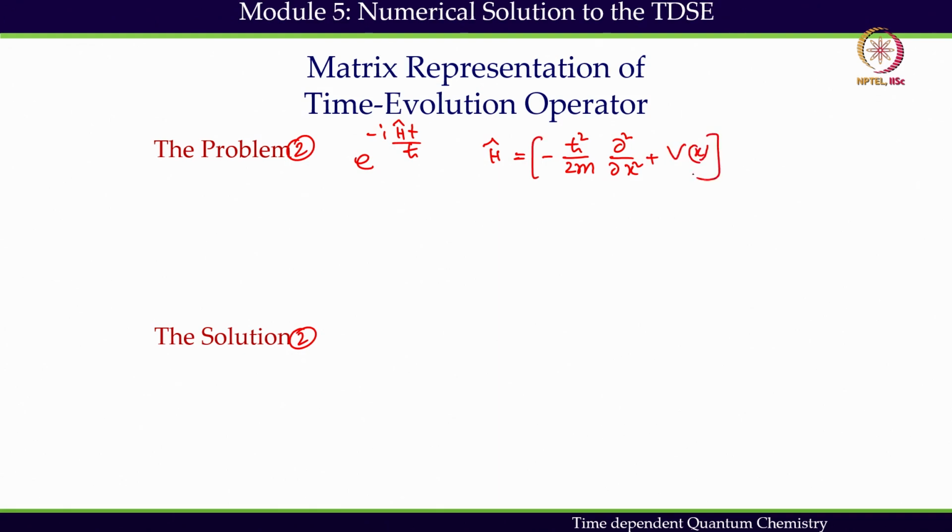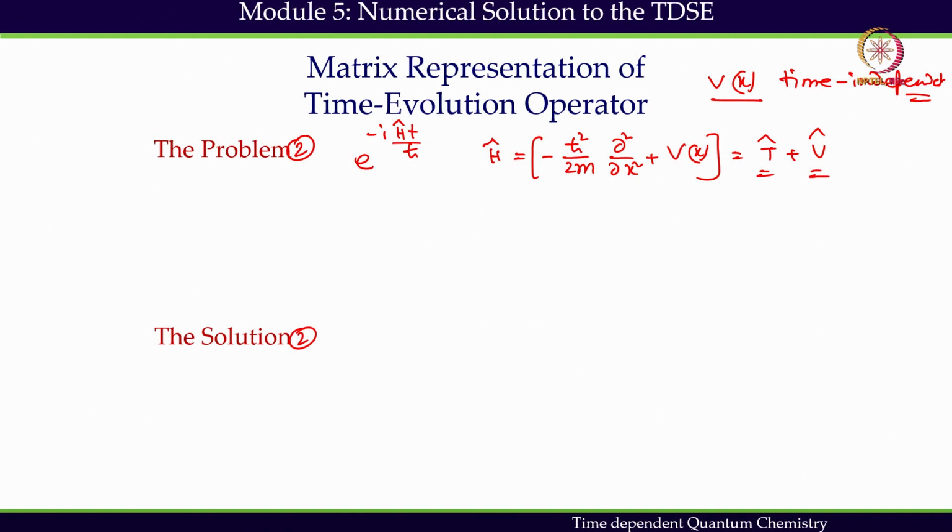Still we are dealing with a single particle one dimensional problem. So, I have a kinetic energy operator plus a potential energy operator. There are two operators which are clubbed together to form this Hamiltonian operator. And we are still assuming that V(x) is time independent. We will come to the problem later where we will be dealing with time dependent V.